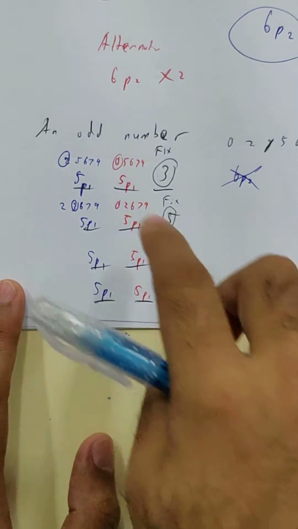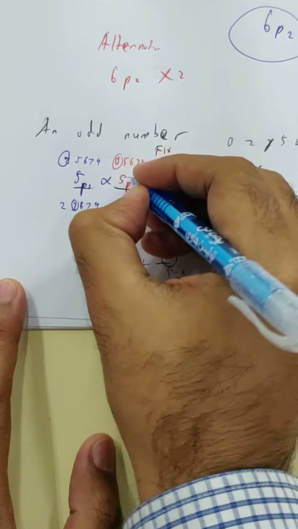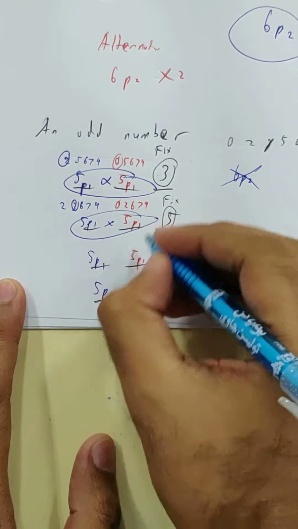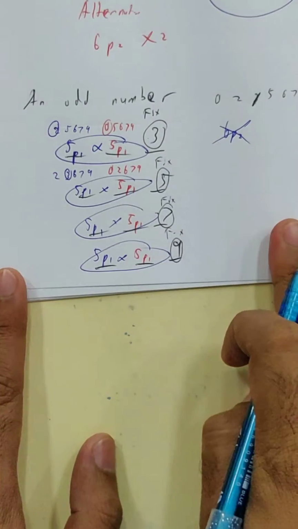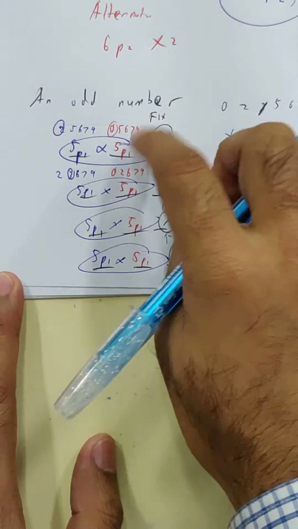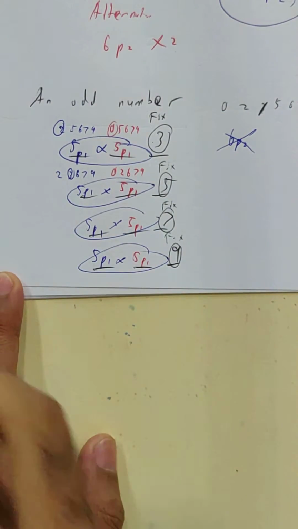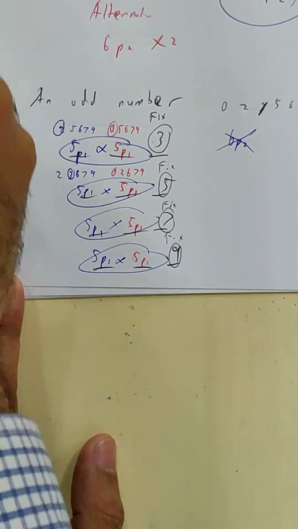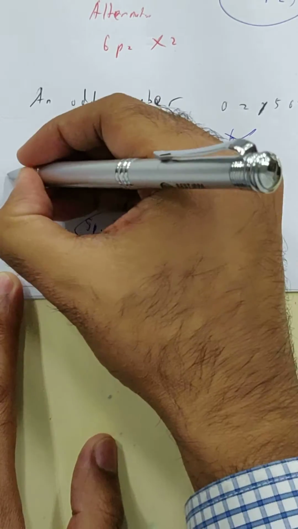You can zoom a bit. How do I connect these two? I connect them by times. Okay? Now how do I connect all these 4? Plus or times? Why plus? Different case.